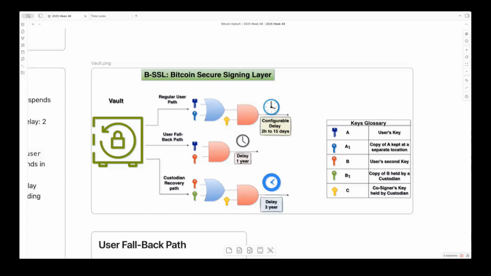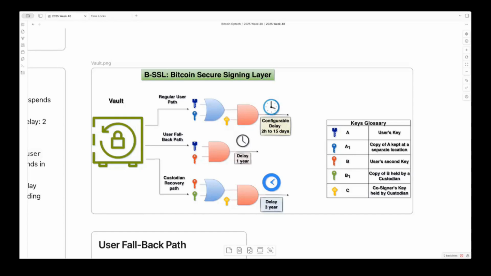What you're asking is called chained vaults. So what happens is that in either of these two paths, user fallback path or custodian recovery path, they can move these funds into a vault with a similar structure. They can have scripts of the same structure, except change the keys.